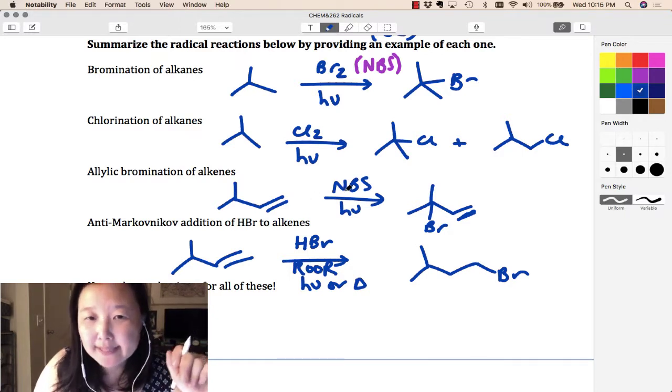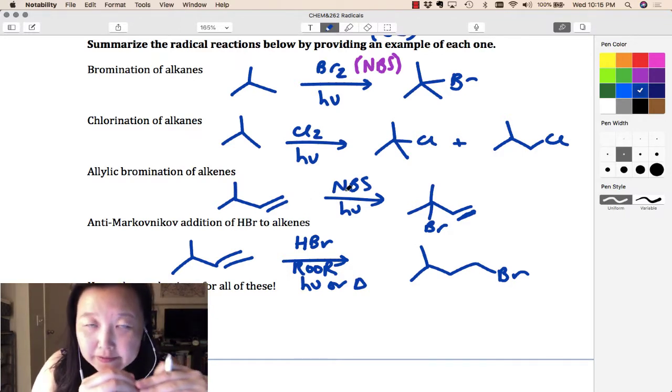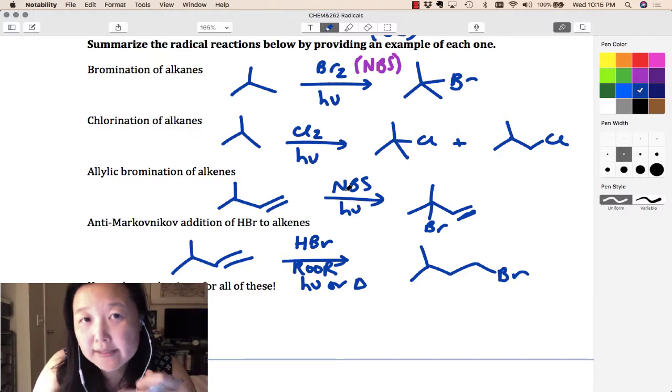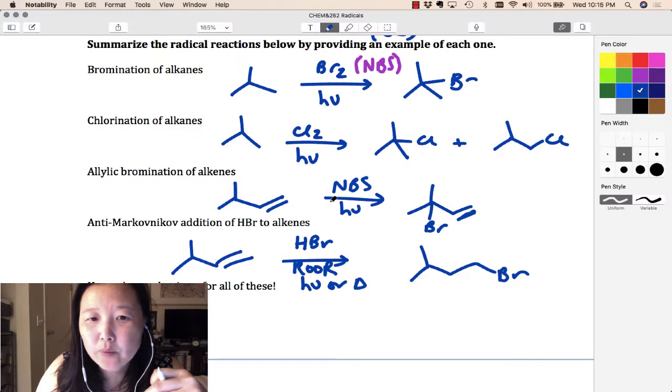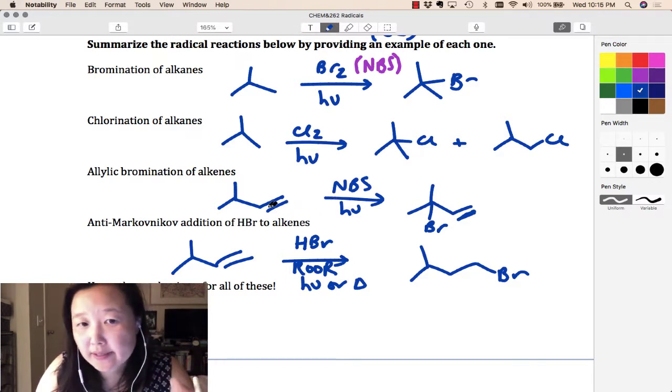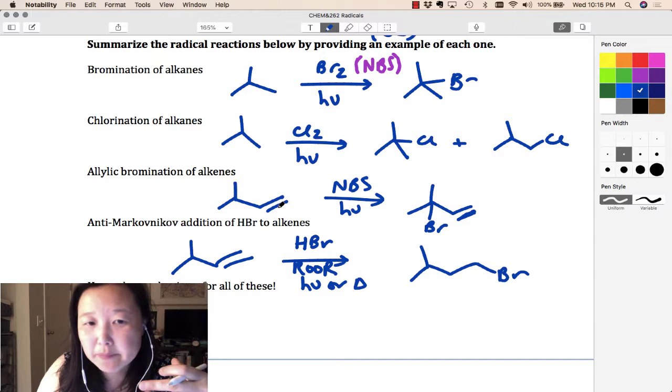With NBS, I mentioned that bromine radical stays at low concentrations. And because it's at low concentrations, the rate of the double bond reacting is quite low. And so when bromine radical reacts with this double bond, that's more reversible than when it reacts here at the allylic position.